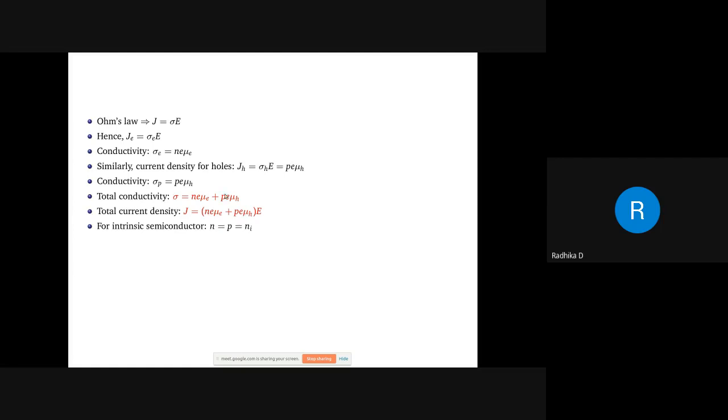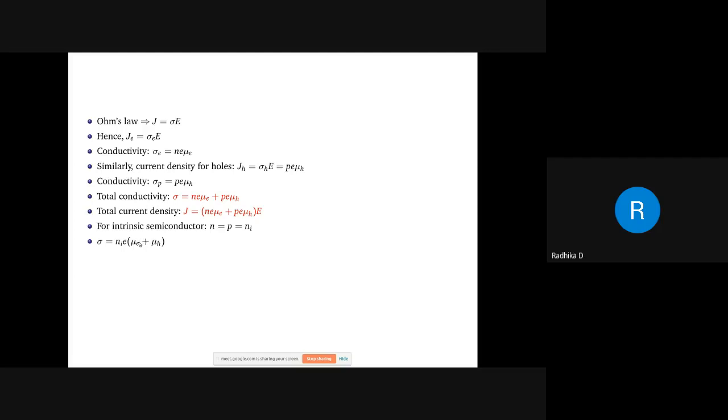So sigma was Ne mu E plus Pe mu H. It will become Ni E mu E plus Ni E mu H. Or Ni into E will remain a common term. I will take it outside. And in the bracket, I will get mu E plus mu H. That means the sum of the mobility. So conductivity has now become intrinsic carrier concentration multiplied by charge of electron multiplied by the sum of the mobility of electrons and holes.